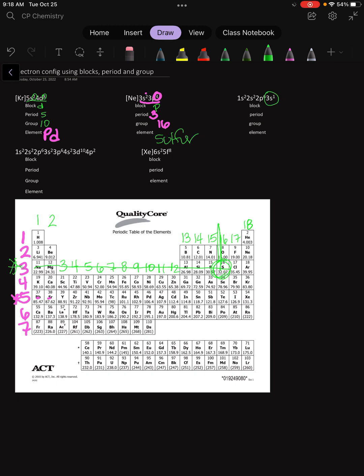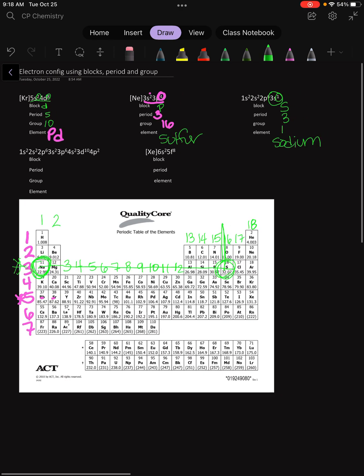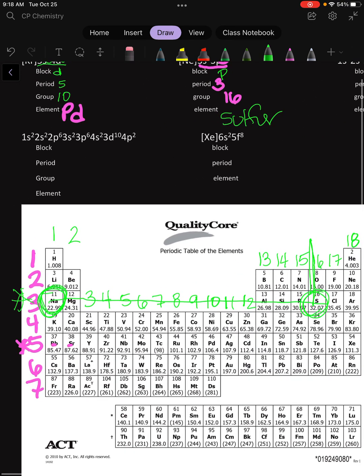All right, the next one, we are in the S block. We are in period 3 because the coefficient is 3. We are in group 1. The exponent for the S is going to be the group number because it's the first column. And the element is third period, first group, that's sodium. This next one, 4p2.